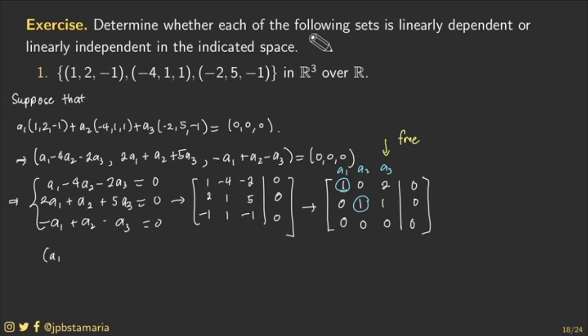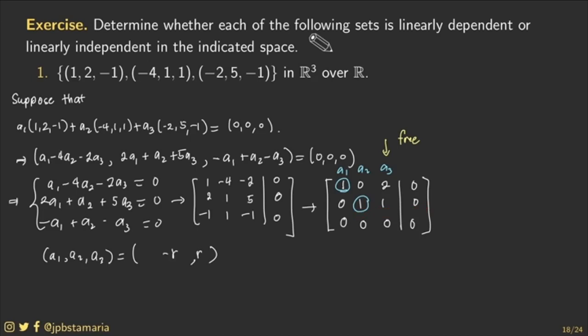In fact, as a general rule, or the general formula for the solution, if we set A3 to be R because it's free, what is going to be A2? Looking at the second row, this translates to A2 plus A3 equals 0. Therefore, A2 is negative A3.